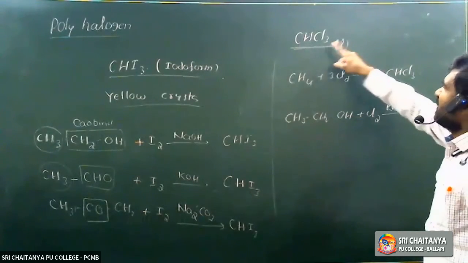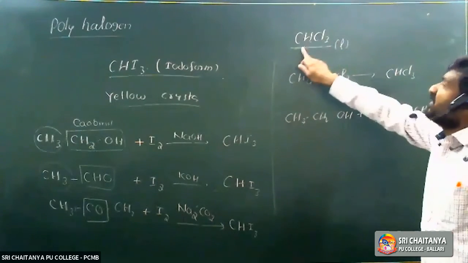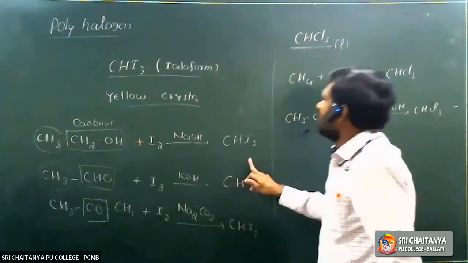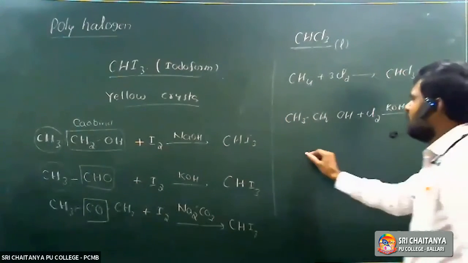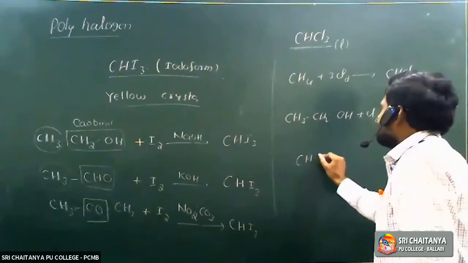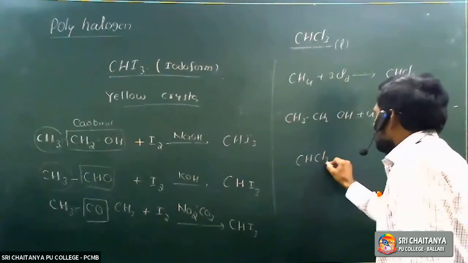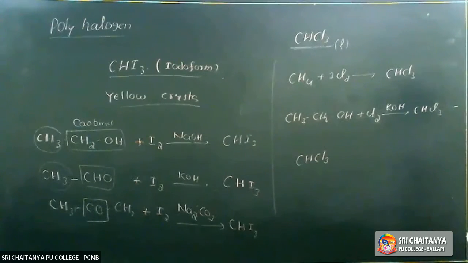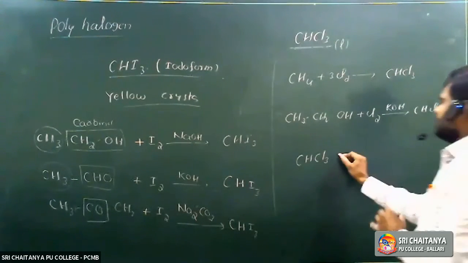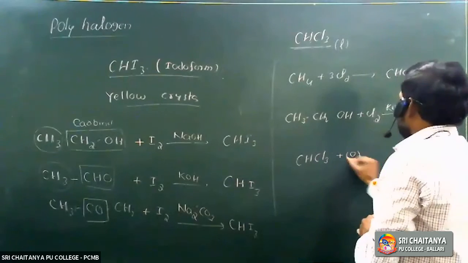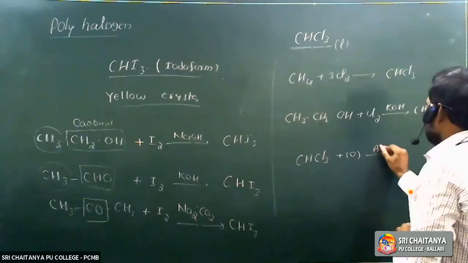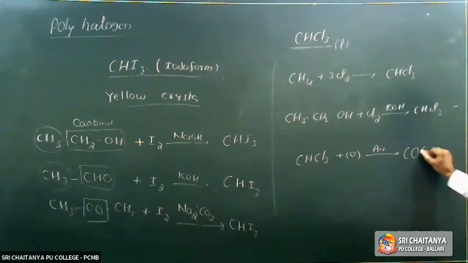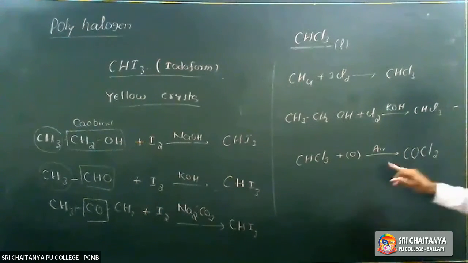CHCl3 is trichloromethane, just as iodoform is triiodomethane. When chloroform is exposed to air, it combines with oxygen and undergoes oxidation to form phosgene, COCl2.